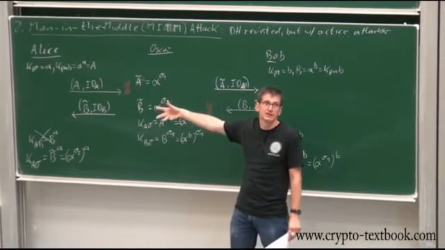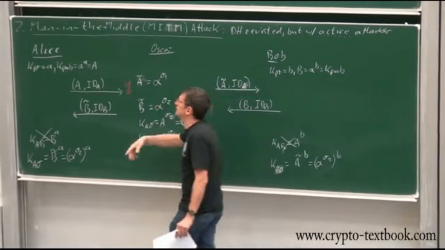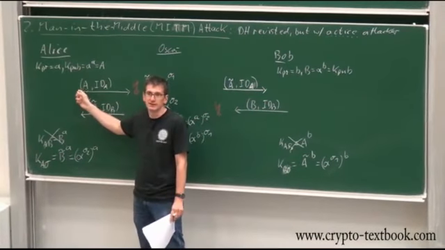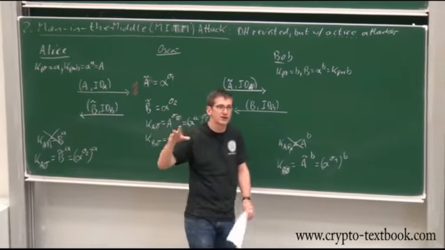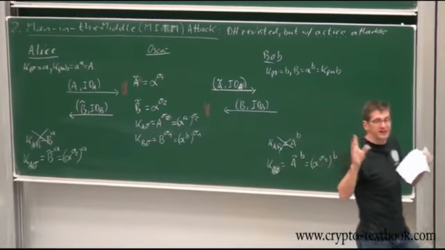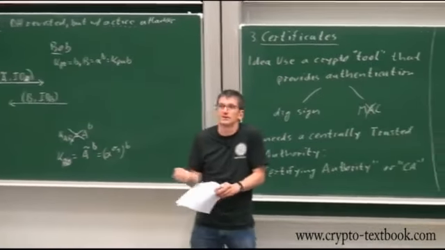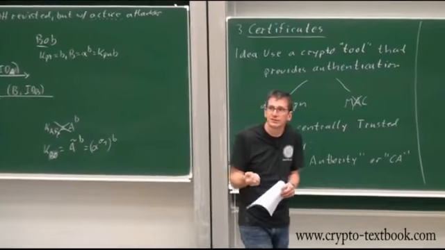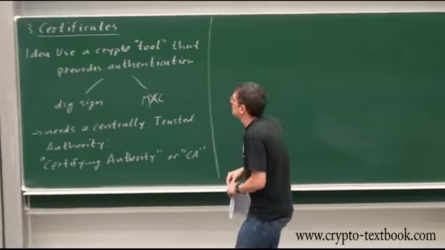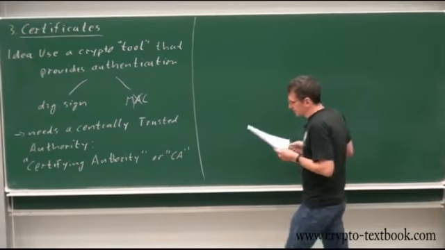What a certificate really is, a certificate is only a public key. If you get this warning in your web browser, certificate not valid, what this really means is it's not a valid public key that we really know, that we can check. The idea is very, very simple.